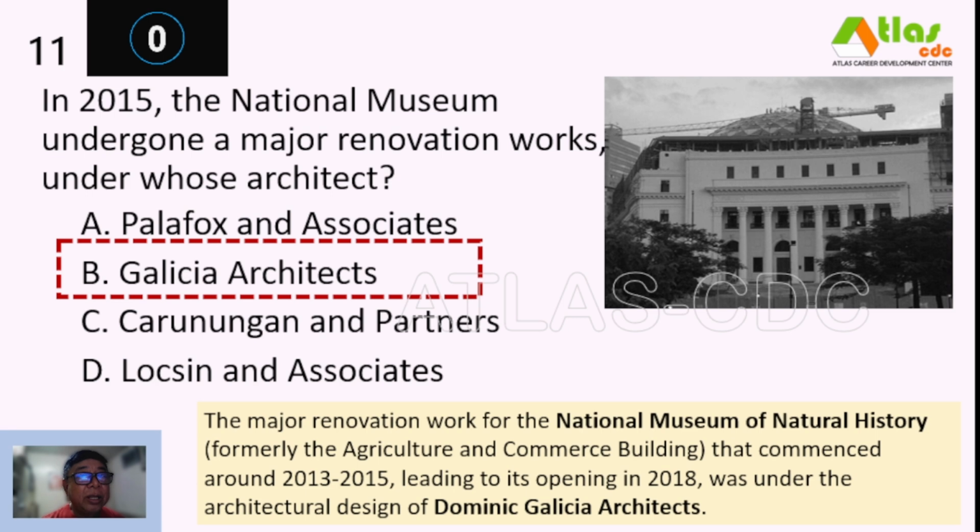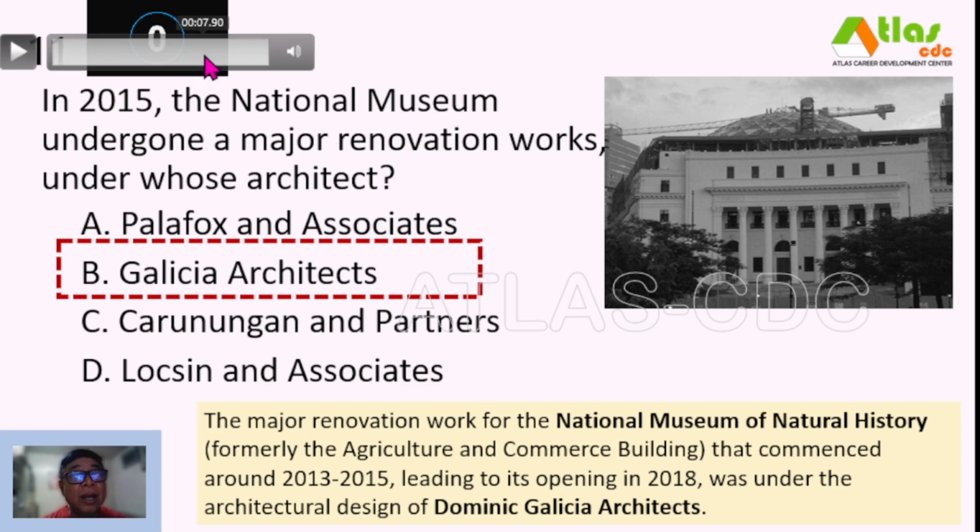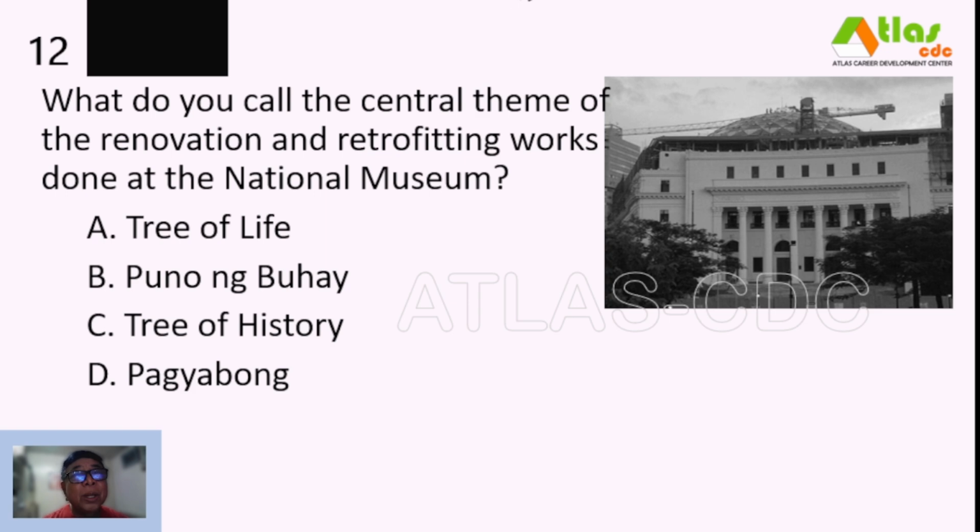So the major renovation work for the National Museum of Natural History, formerly the Agriculture and Commerce Building, that commenced around 2013-2015, leading to its opening in 2018, was under the architectural design of Dominic Galicia Architects. Number 12. What do you call the central theme of the renovation and retrofitting works done at the National Museum?